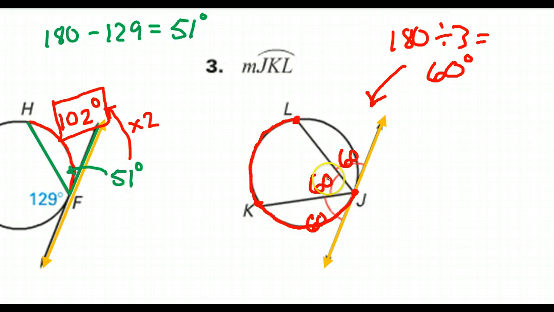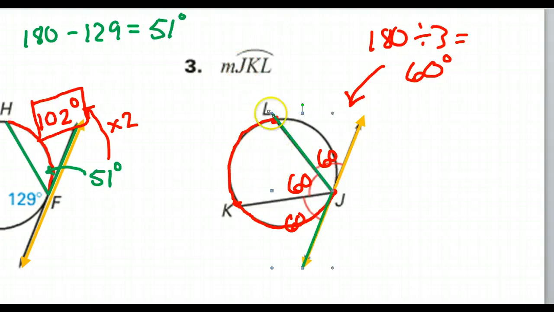So that arc is only covered by 2 of these angles. In other words, this green angle is the angle that captures that arc.